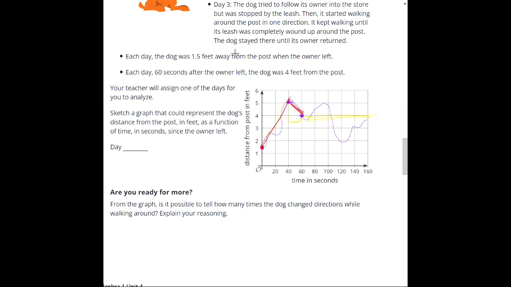So then what happens? What I was thinking about this: here's our post, and then here's our dog. Here's the leash, and then here's our puppy at 5 feet.